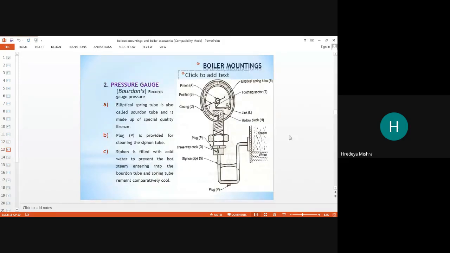Next, we can see the pressure gauge. What is the pressure gauge?